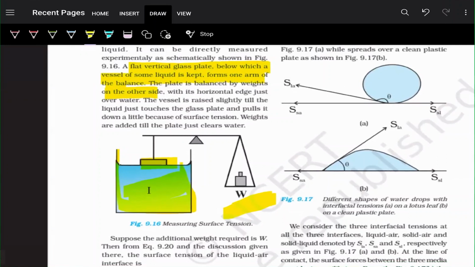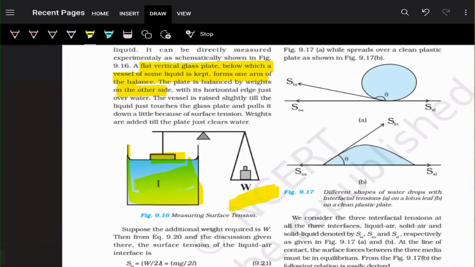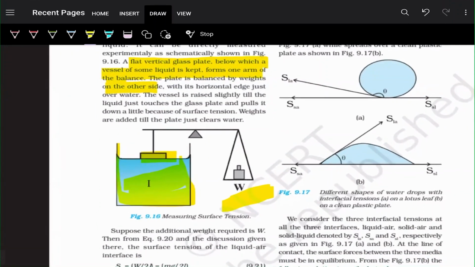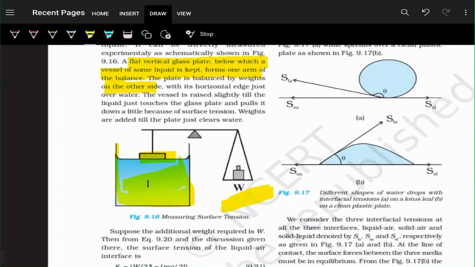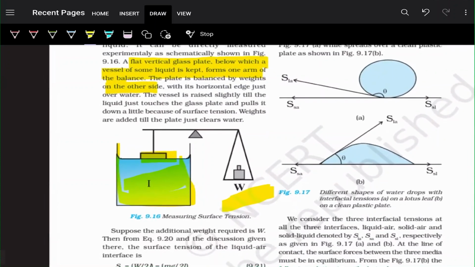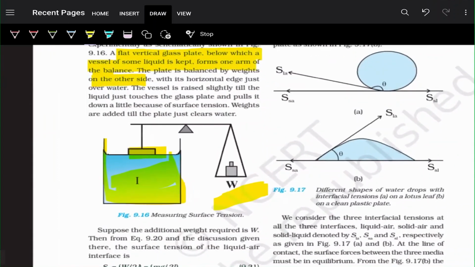See, the vessel is raised slightly till the liquid just touches the glass plate and pulls it down a little because of surface tension. Weights are added till the plate just clears water.